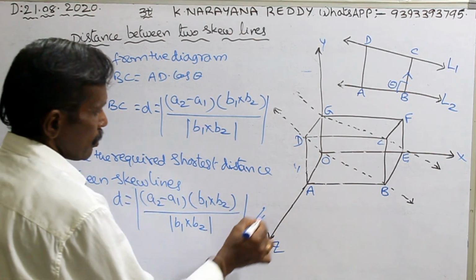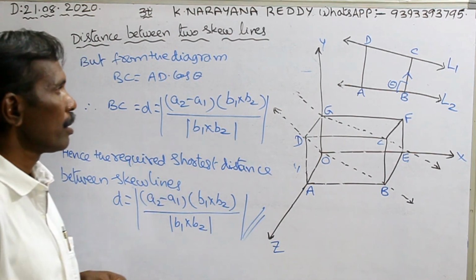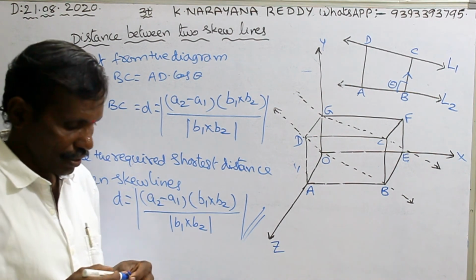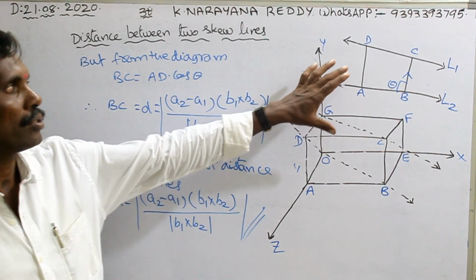This is the required answer. Okay. So in this way you can find the distance between two skew lines.